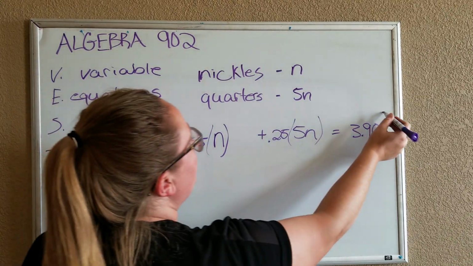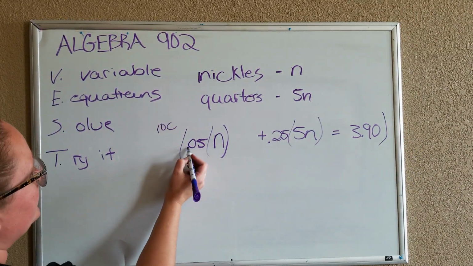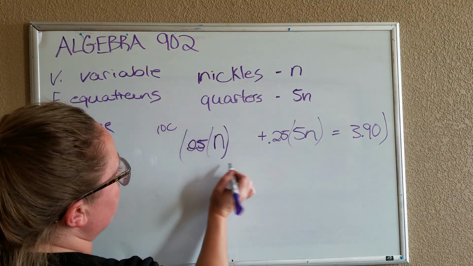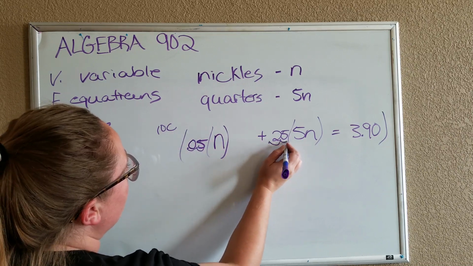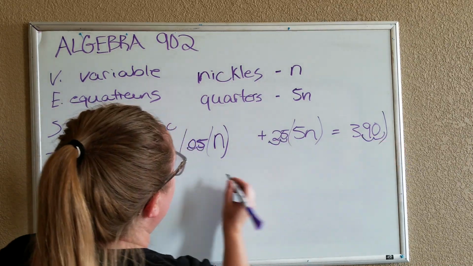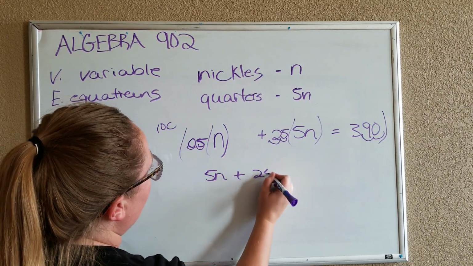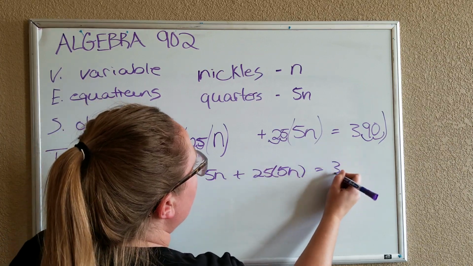Then immediately, as soon as you write your equation, you can multiply it by 100. And all it does is move the decimal. That's why you have to have these parentheses around n and 5n, so they're not touched by this multiplying by 100, but all of these are. Then all we have left here is 5n plus 25 times 5n is equal to 390.